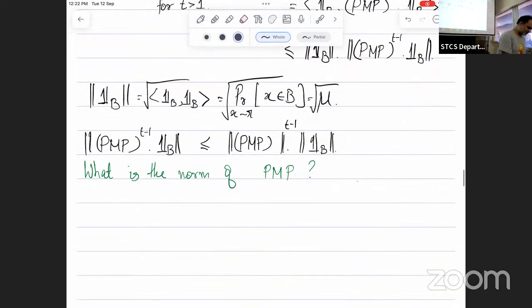Good. So here is where the matrix decomposition is going to help.